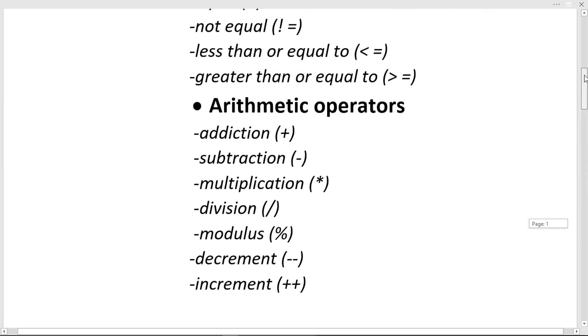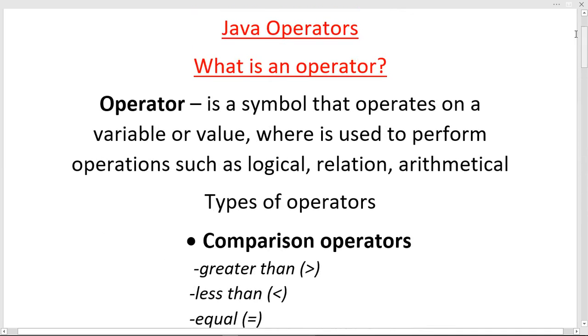Now, an operator is a symbol that operates on a variable or value. So it operates on a variable or just a value. A value can be an integer, a float, or a double, as we discussed on data types.